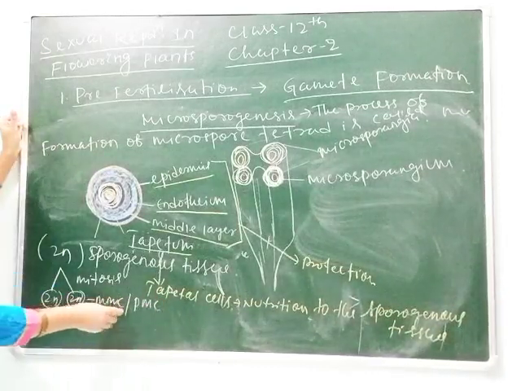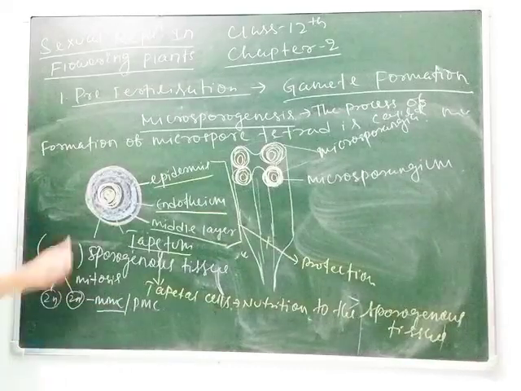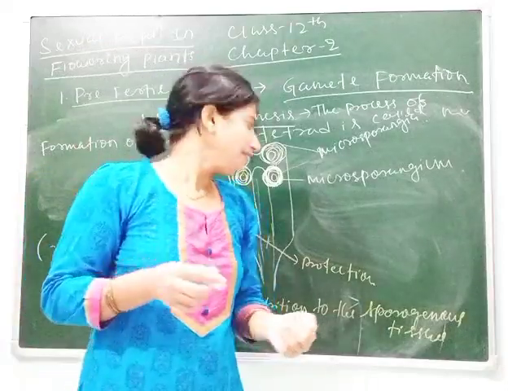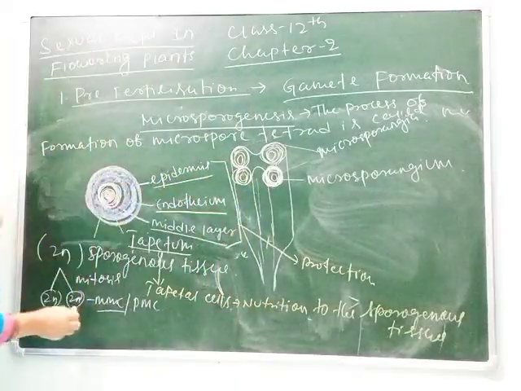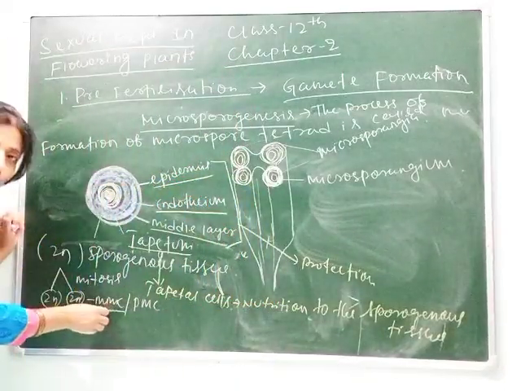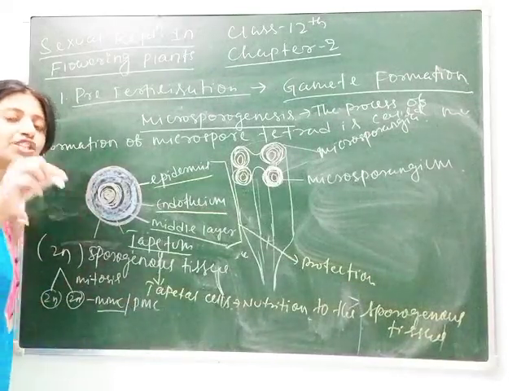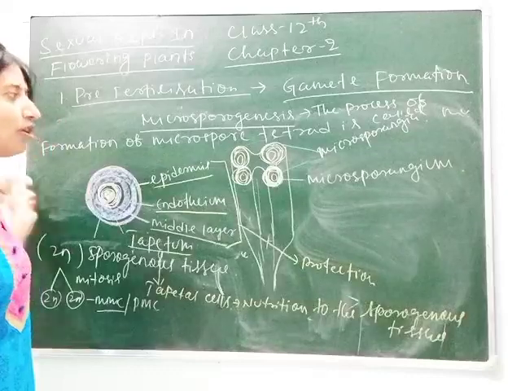After differentiation, when their number is maximum, each MMC or PMC goes through meiosis to form a microspore tetrad.